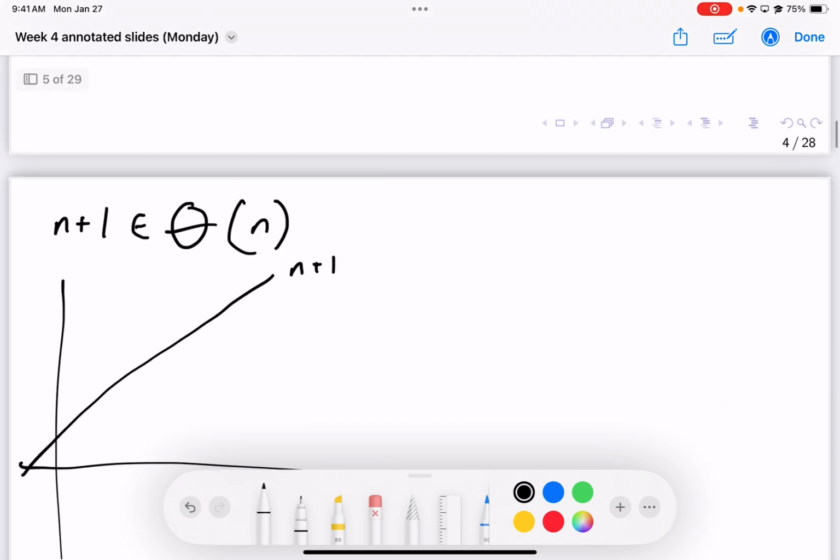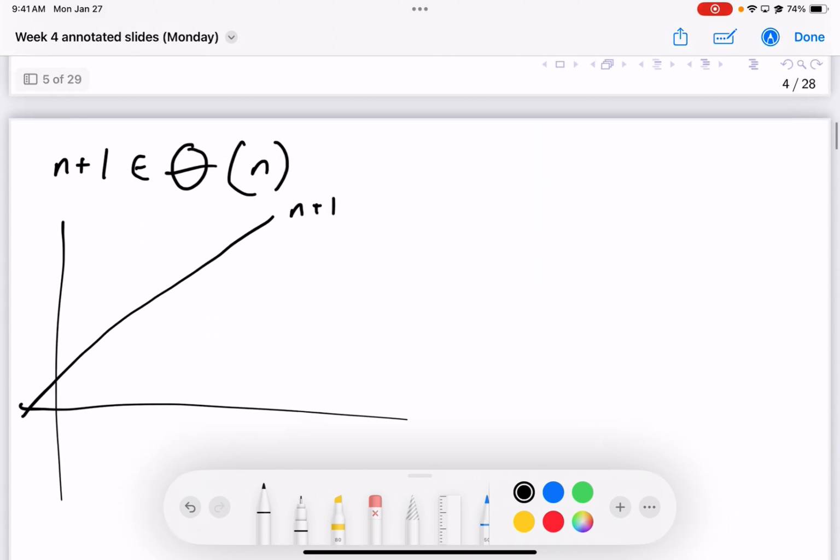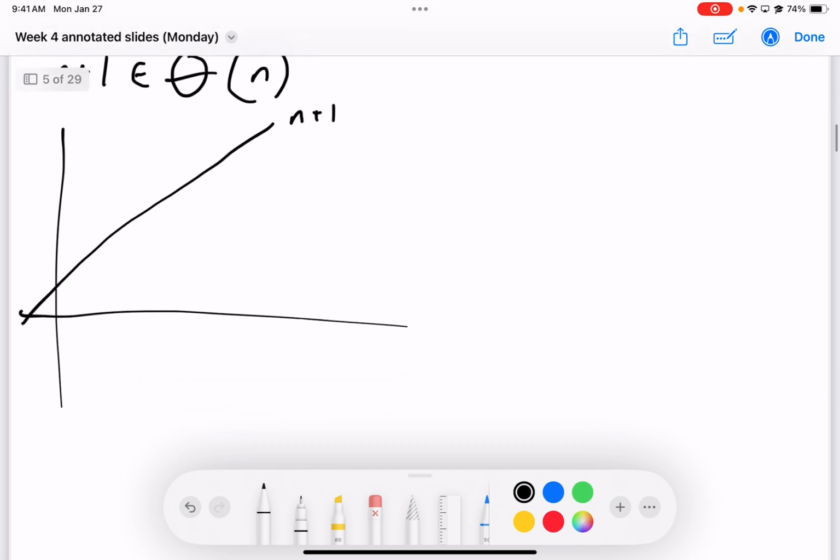And per the definition, we're going to find two constant multiples of the other function, n, such that the thing we're trying to show is in big theta of the other thing, f, in our case n plus 1, is bounded in between those two constant multiples forever. So I'm pretty sure just the constant multiples 1 and 2 will work.